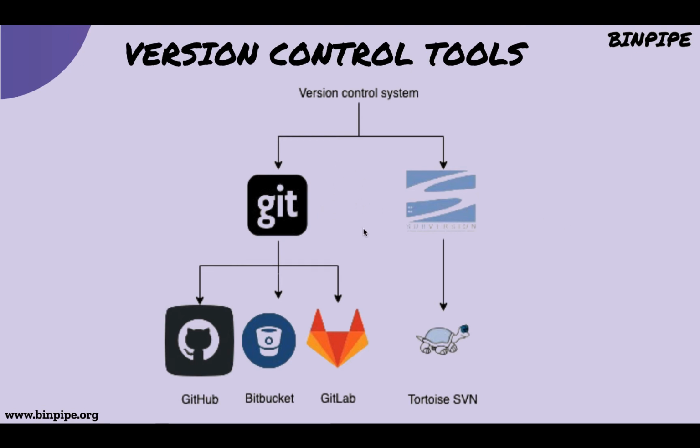Let me tell you briefly what this means and what the differences are, so that if someone asks you what kind of version control system Git is or how it works, it's good to have an understanding of the underlying mechanism.